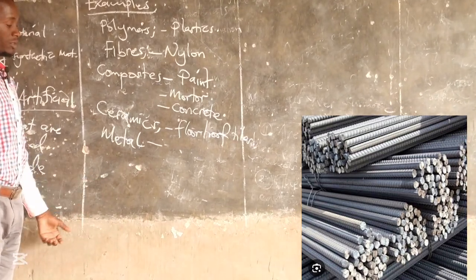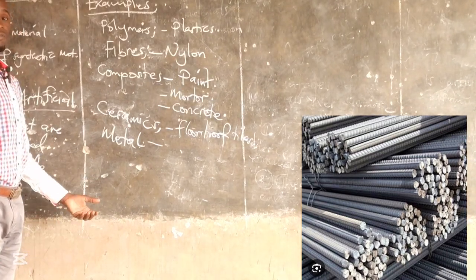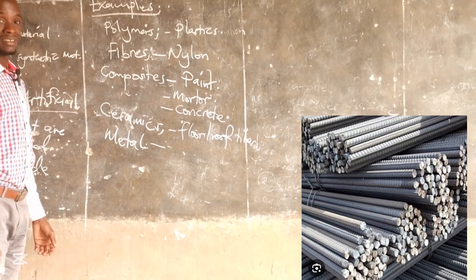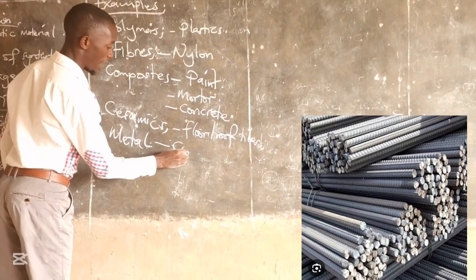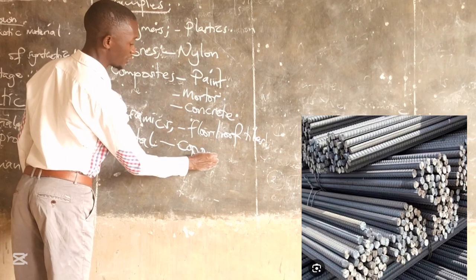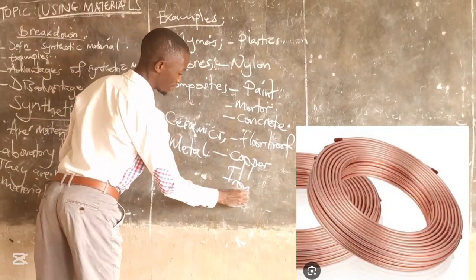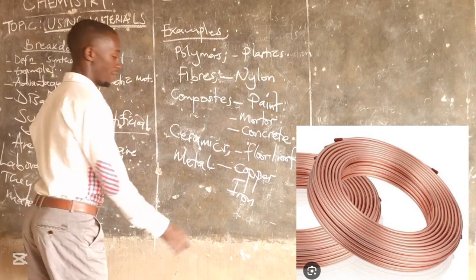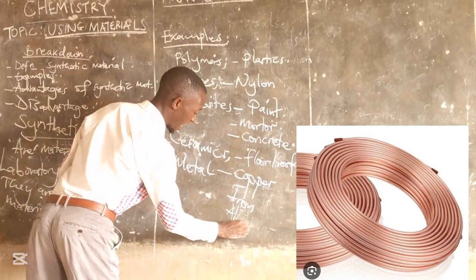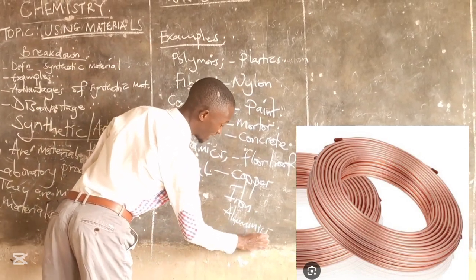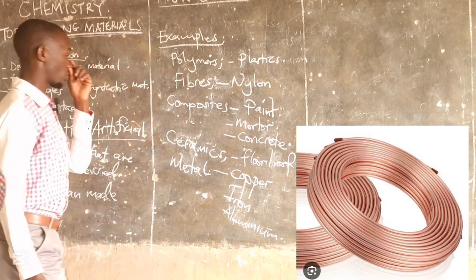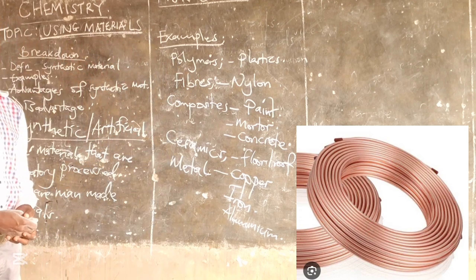Their purification process is made by man. We have the likes of copper. We very well know that copper is useful in our daily life. Iron. We have the likes of aluminum and so many others. We are giving the commonest examples of these synthetic materials.